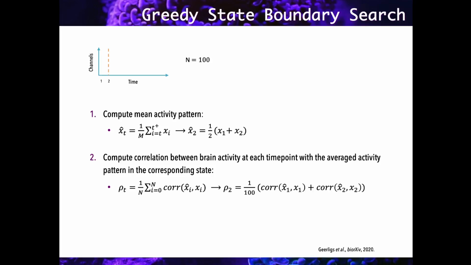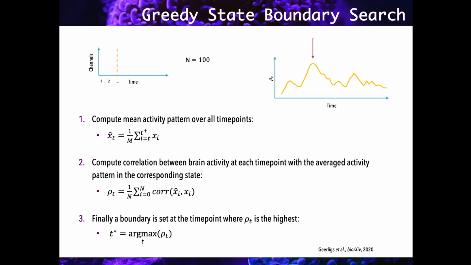Then if we go on in time, at the second time point, we just need to repeat the same thing, but now we have two different sets of data for two different time points. And then if we keep going along the time points that we have in our data, we are able to draw a correlation representation like the one we have here on the right. So we will have different correlation values for each time point. Then we just need to find the maximum, and that maximum is where we're going to set our boundary.